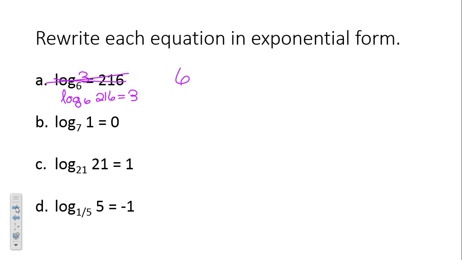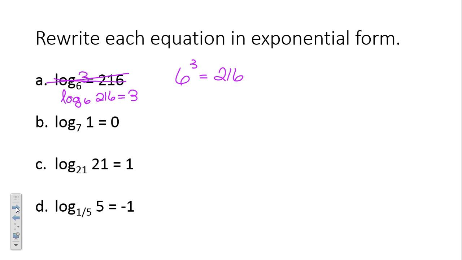I tried to copy it from my book and it didn't do the exponents right and I didn't check. Okay, so what's that going to say? 6 to the 3rd equals 216, right? 6 to what power gets me 216? 6 to the 3rd equals 216.